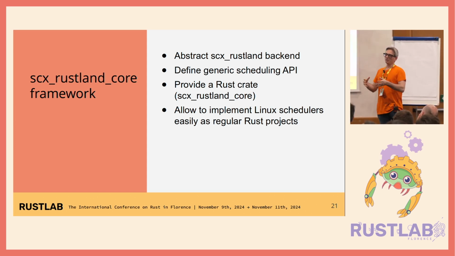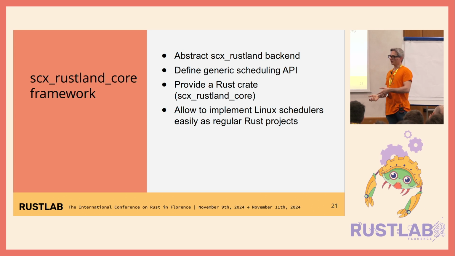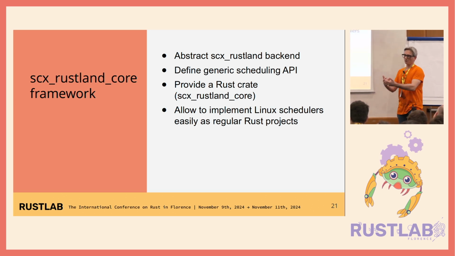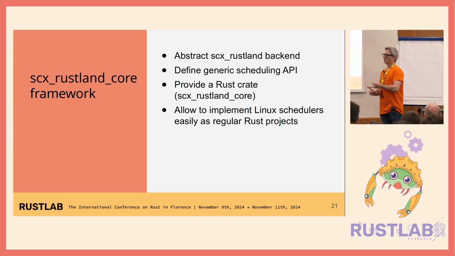It provides an API that you can use in a regular Rust project to design your own scheduler and run it. Then you don't have to understand all the BPF details or how sched-ext works. You don't even need to understand how the kernel works in terms of scheduling.